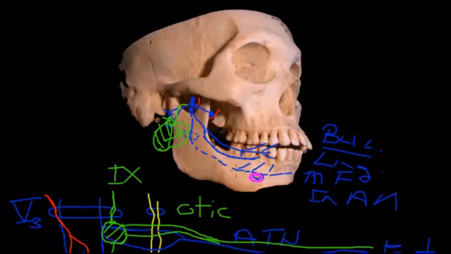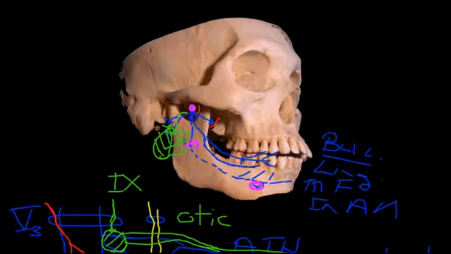The mandibular foramen would be on the medial surface of the ramus of the mandible in this region just here. Foramen ovale is just here, up in the base of the skull at the roof of the infratemporal fossa.